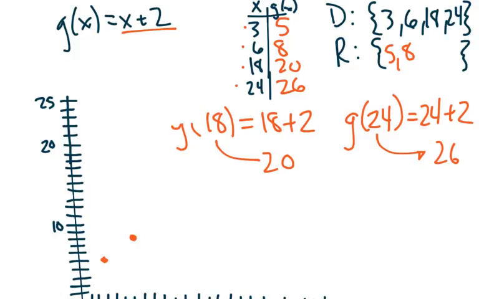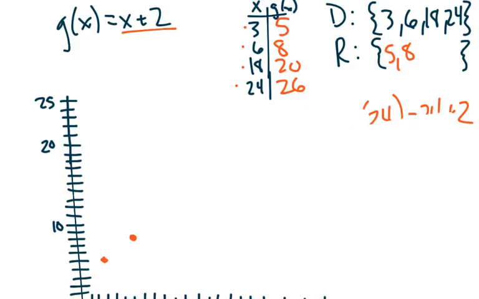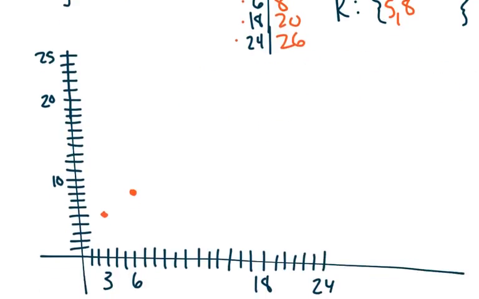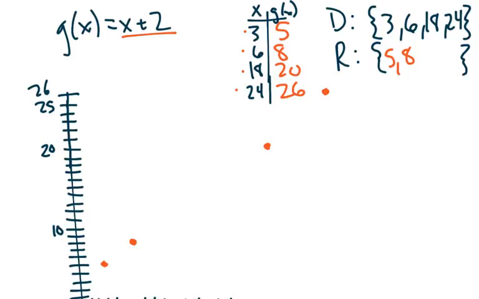So then we graph 18, 20, about right here. And then 26, so 24 and 26 would be right up there. So there's a few points of our domain and range.